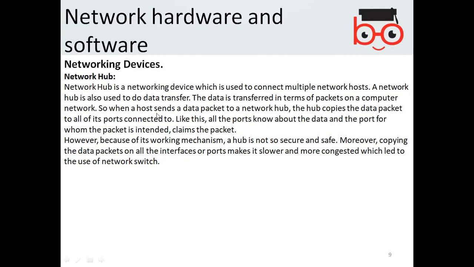So when a host sends a data packet to a network hub, meaning when you send a data packet from a computer to a hub, the hub copies the data packet to all of its ports. All ports know about the data and the port for whom the packet is intended claims the packet. Is it clear?